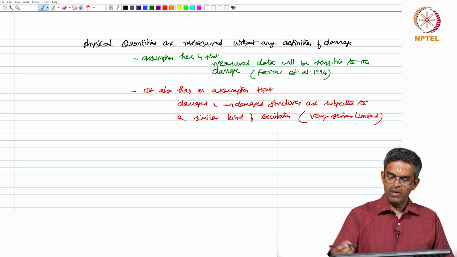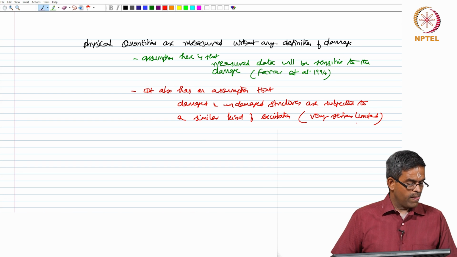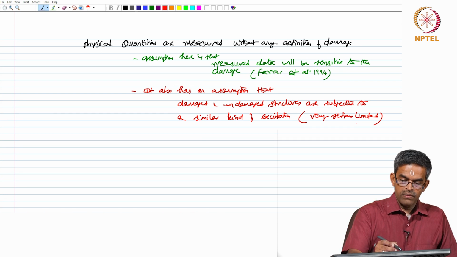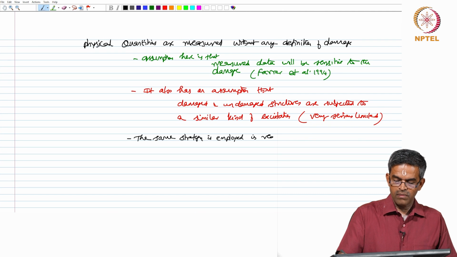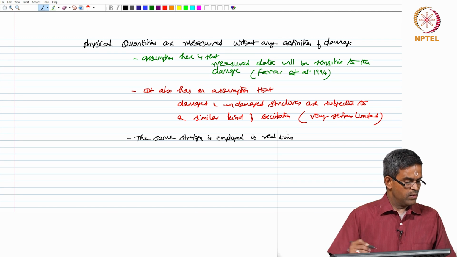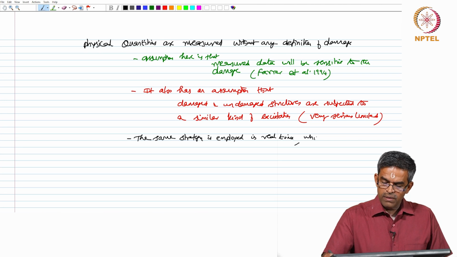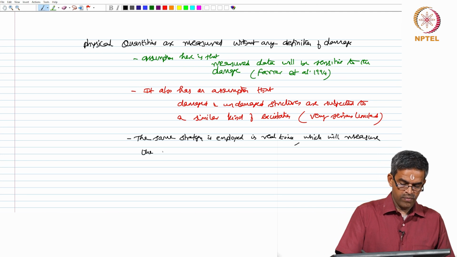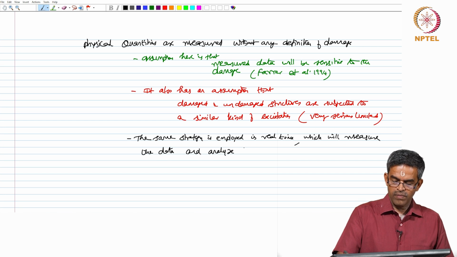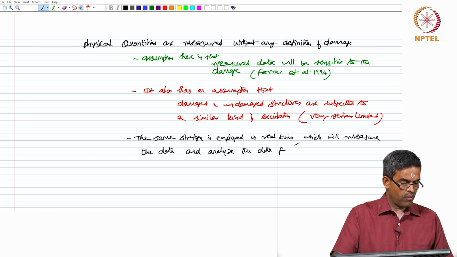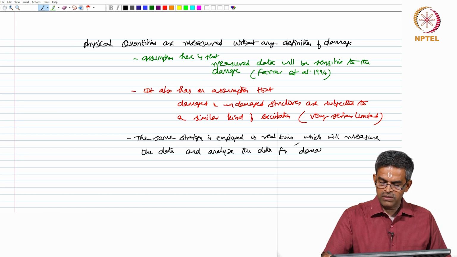At least it is more serious compared to the earlier one. The same strategy is employed in real time, which will now measure the data and analyze the data for damage sensitive features.